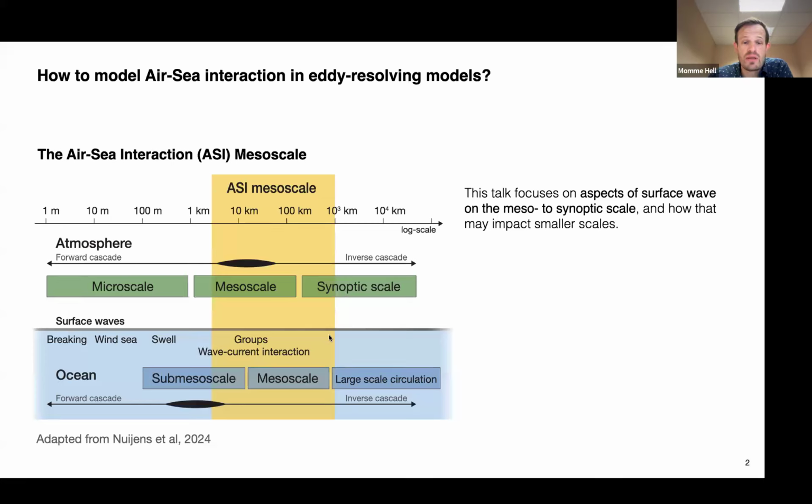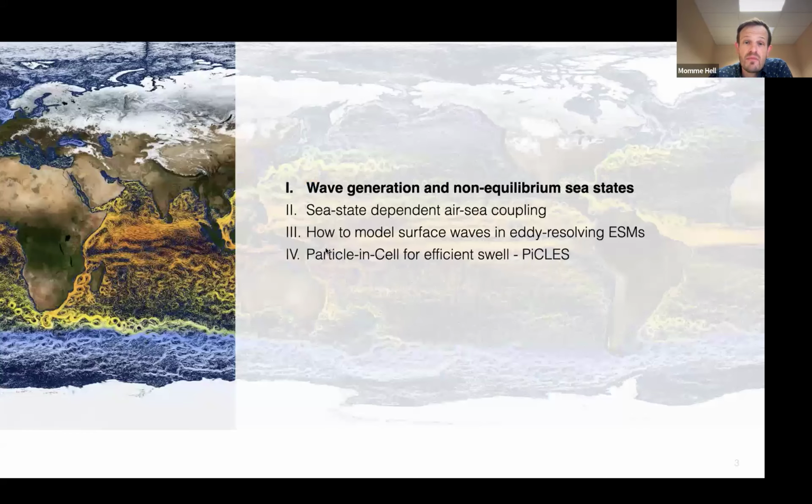So the mesoscale and the synoptic scale, and then the submesoscale in the ocean. And I'm talking about this orange area here, this orange range of scales where somehow the synoptic scale and the mesoscale in the atmosphere are interacting with phenomena mainly at the air-sea interface, like with phenomena of the same scale for surface waves. Yeah, so we're focusing here on mesoscale and submesoscale interaction, even though this is really thought of smaller scales as well later, but I can't show that yet.